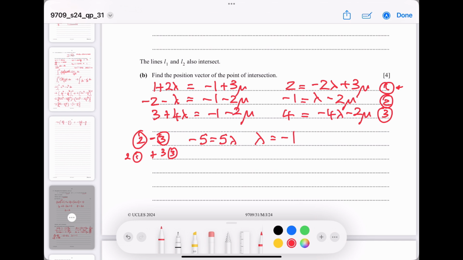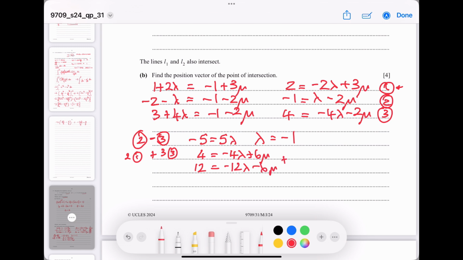So 2 lots of equation 1 is 4 is equal to minus 4 lambda plus 6. 3 lots of 3 is 12 is equal to minus 12 plus, minus 6.